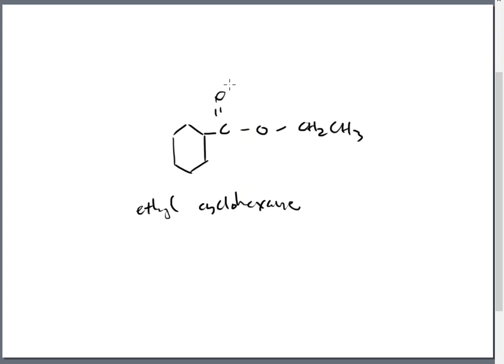And then I need to include the name of that piece right there. And that is an ester. I know that. But it is a carbonyl, so carboxy for the oxy, oxygen, and then -ate, carboxylate.